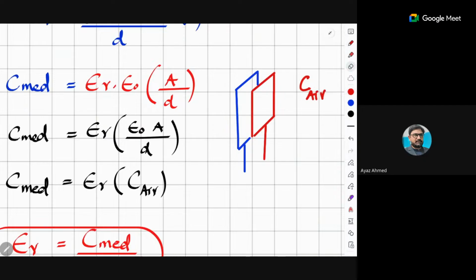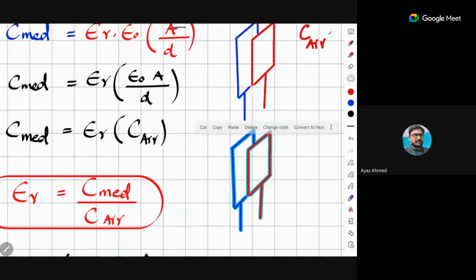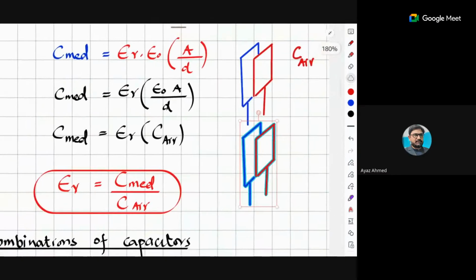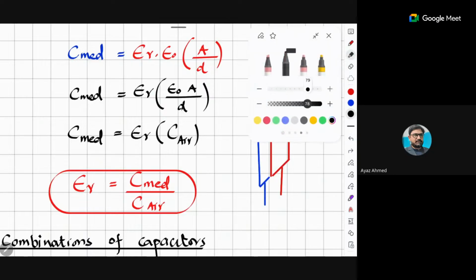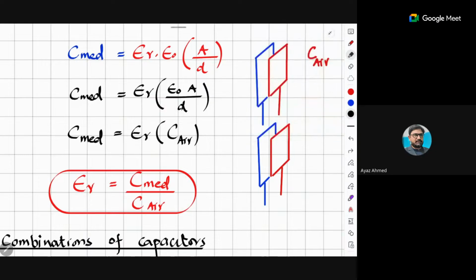You got this point? Now I have the same capacitor, but I have added some dielectric between them. The dielectric can be any sort of insulating material.